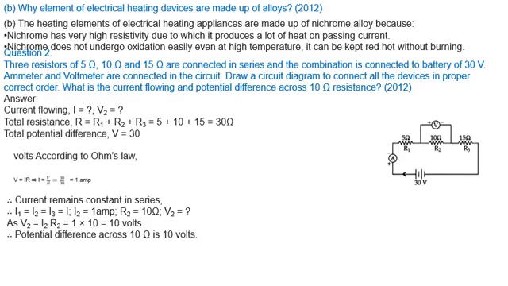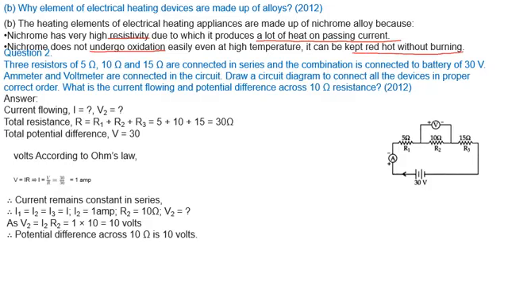It produces a lot of heat on passing electric current. Nichrome does not undergo oxidation, which is a very important factor. Even at high temperature, it is kept red hot without burning. It doesn't get burned. It remains red hot.